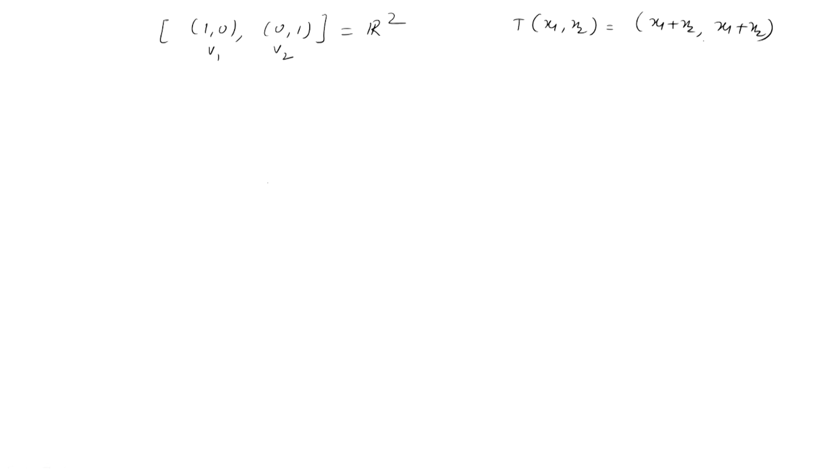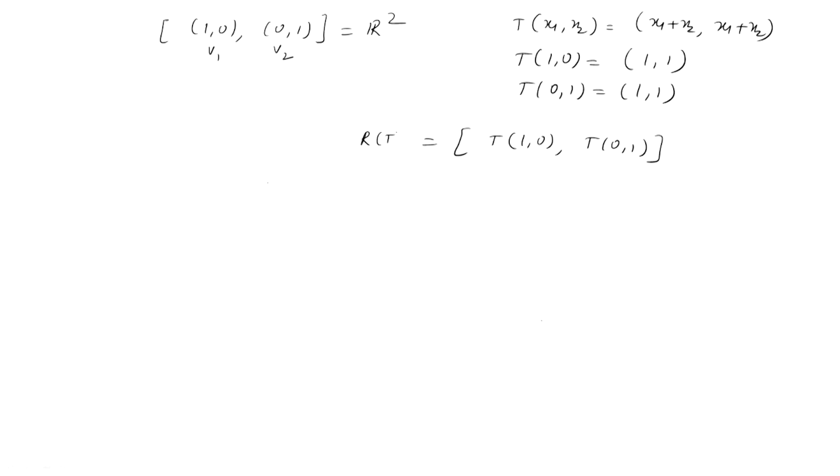Now, T of (1,0) is simply (1,1) and T of (0,1) is again (1,1). So, the span of T(1,0) and T(0,1) is of course equal to R(T) by the result, but that is simply the span of (1,1), because both the elements are the same. So, the dimension of this is less than or equal to the dimension of V, it can't be more than this.